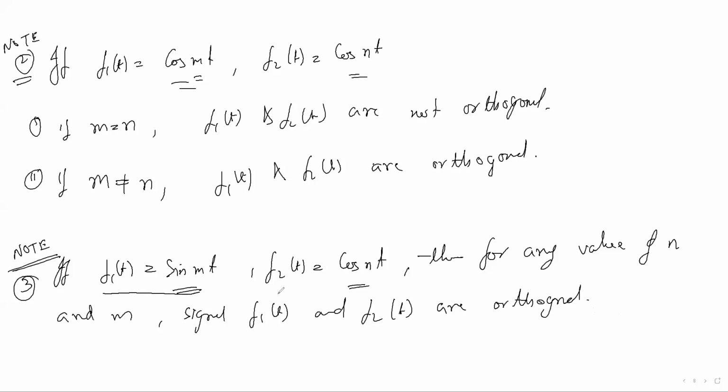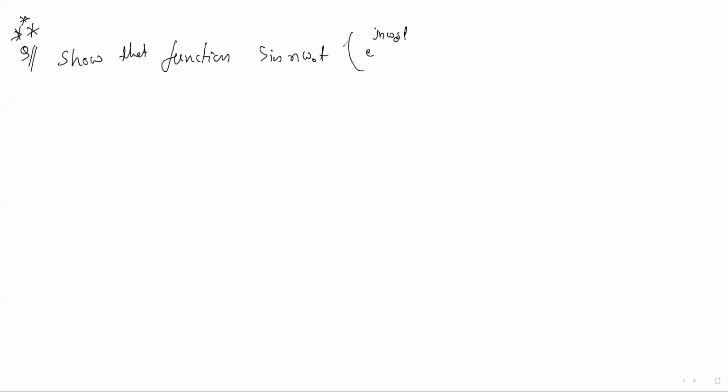F1t is sin mt and F2 is cos nt. For any value of m or n, the signals F1 and F2 are orthogonal. You try at home. So suppose it is given as or: the function sin n omega naught t or e to the power j n omega naught t. Let me take only sin n omega naught t.